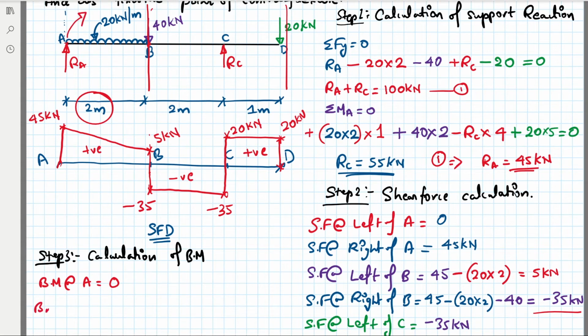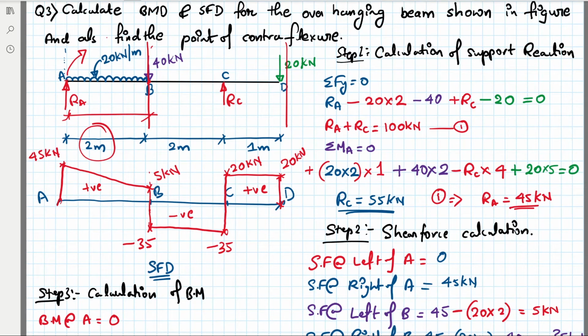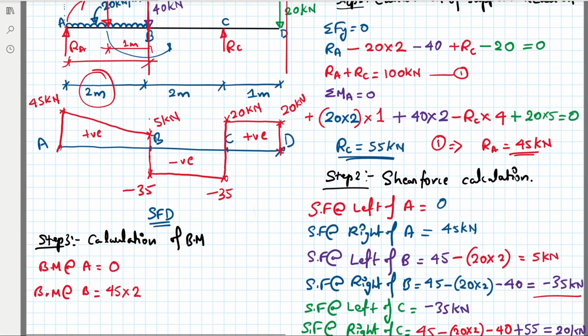Therefore, bending moment at B is equal to RA value, that is 45 kilonewton we calculated in the first step, into distance from B for RA, which is 2 meter. So I will multiply with this value. Now I am going to convert that 20 kilonewton per meter into a point load, that is going to act somewhere here at a distance of 1 meter from B. Therefore, if I apply about B, it is going to rotate in anti-clockwise direction.